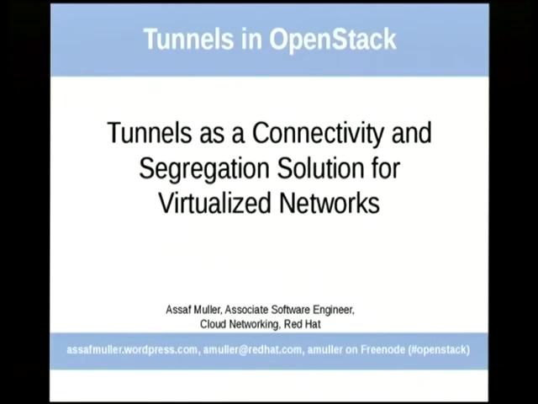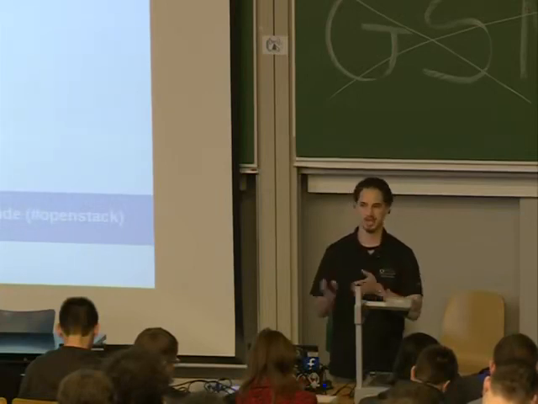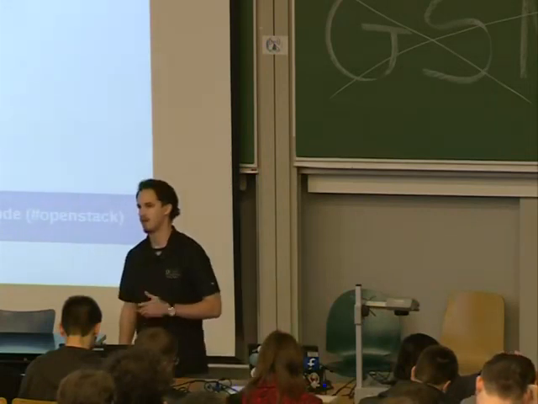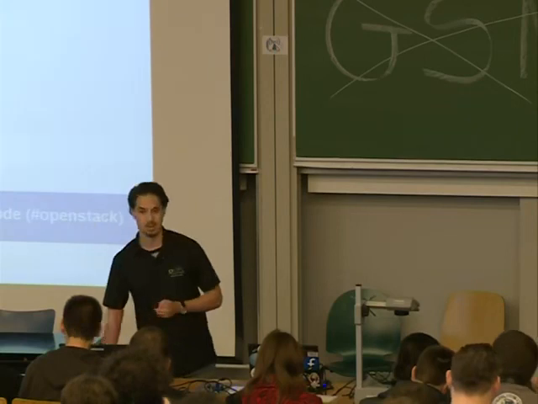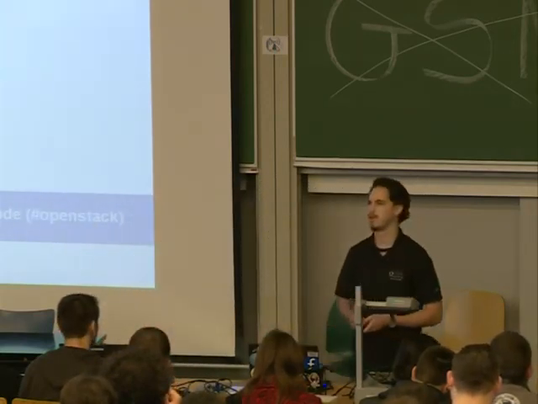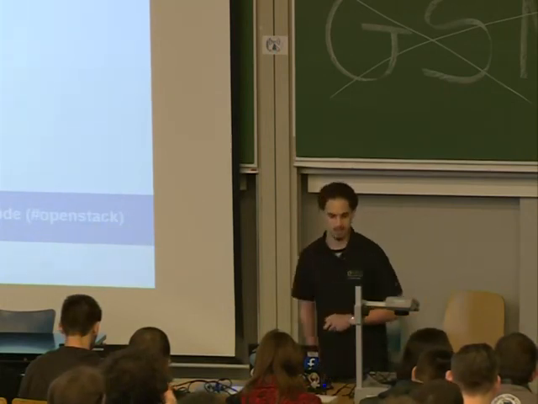How do we use VLANs to hook up VMs and maybe even segregate to different networks and stuff like that, and the shortcomings of VLANs, and how do we use tunnels? So how do we use tunnels to solve the same problem that VLANs currently solve, and maybe even more.